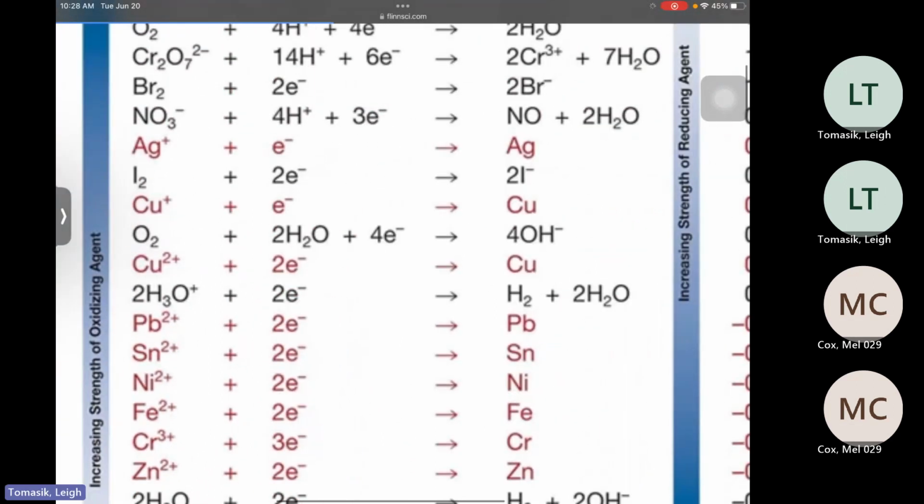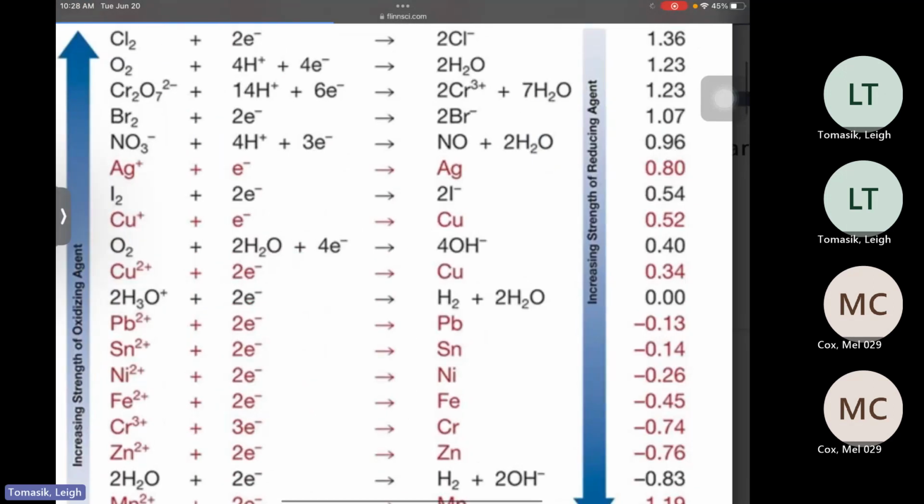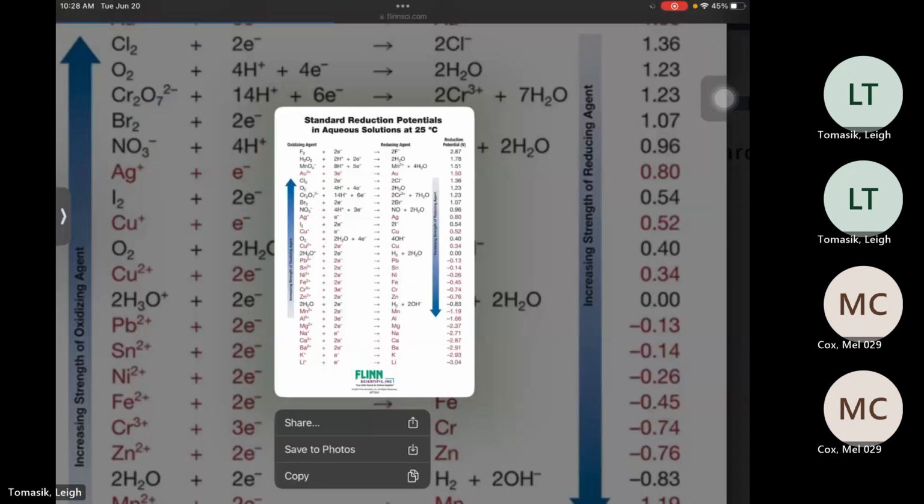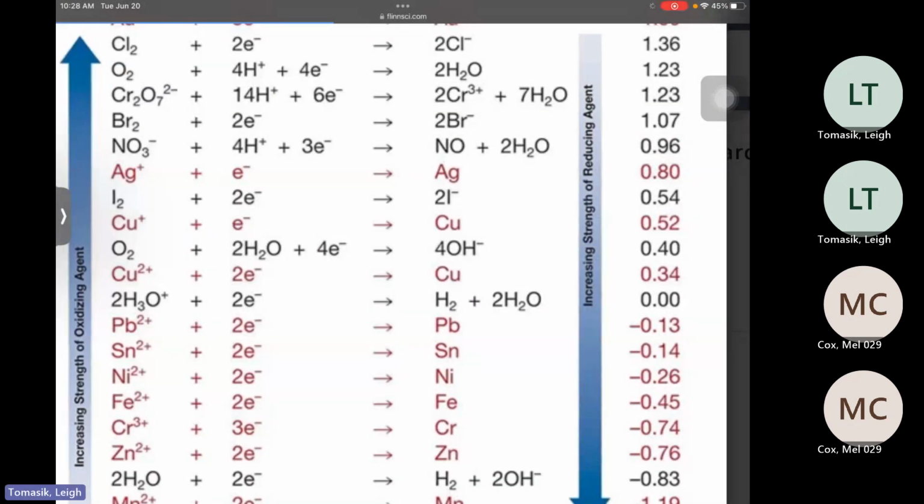I can see that copper is higher. Copper 2 plus plus 2 electrons makes copper metal. It says increasing strength of oxidizing agent, right? So copper 2 plus is going to be a strong oxidizing agent, which means it's more likely to be reduced. Tin 2 plus is a weaker oxidizing agent.